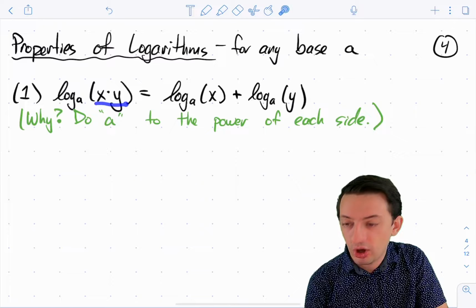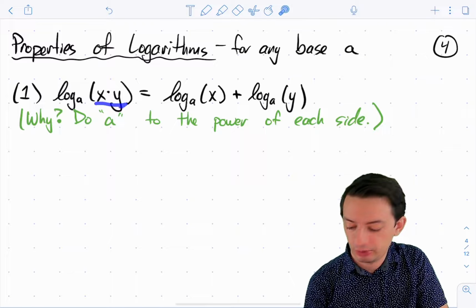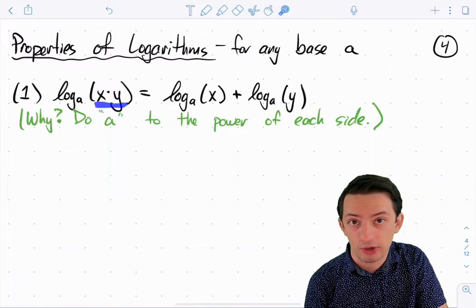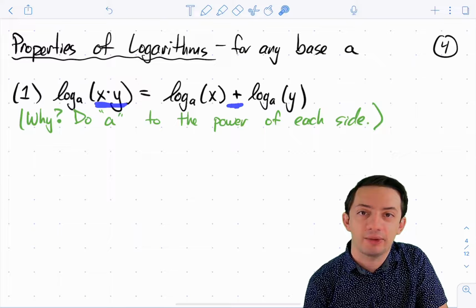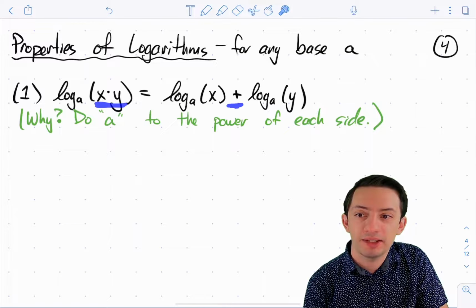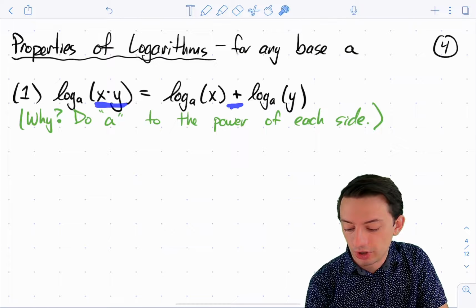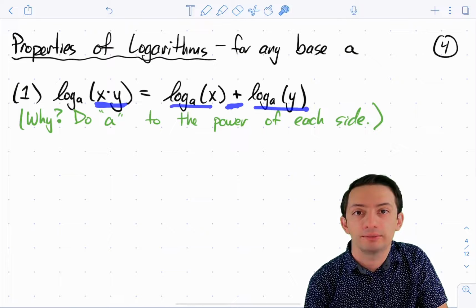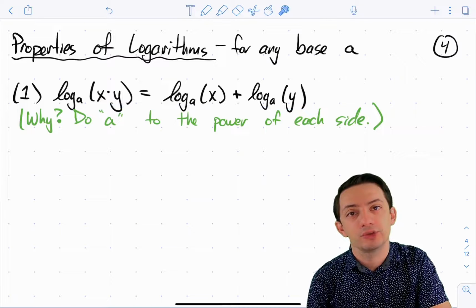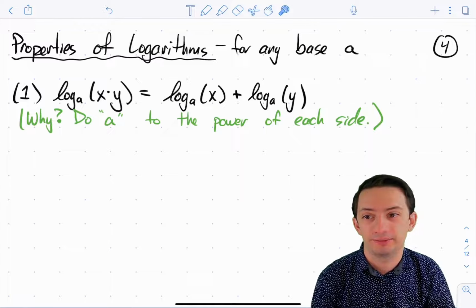But if you have the log of x times y, so if you have a product of two things inside the logarithm, that turns into the sum of two things outside. So log base a of x times y equals log base a of x plus log base a of y. Multiplication inside turns into addition outside.